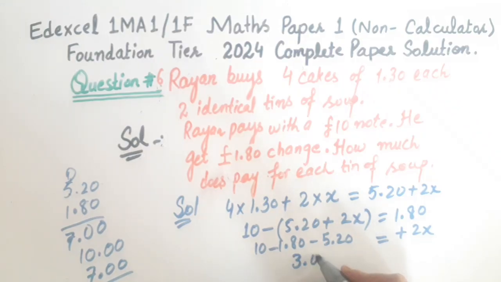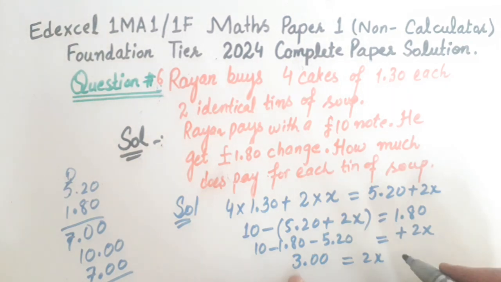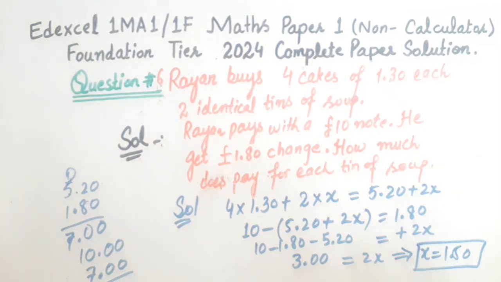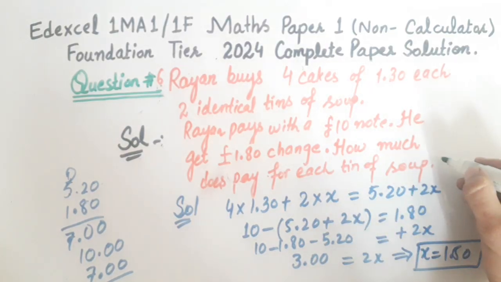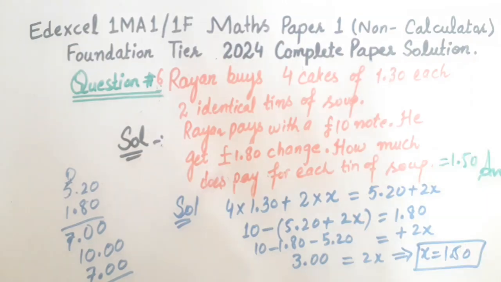So 3.00 equals 2x. Now to find the value of x, it will be divided by 2. So x equals 1.50. So this is the final answer, that the price of each will be 1.50. So this is the answer.